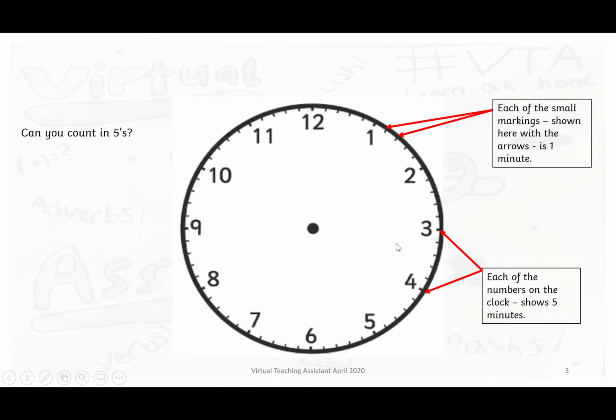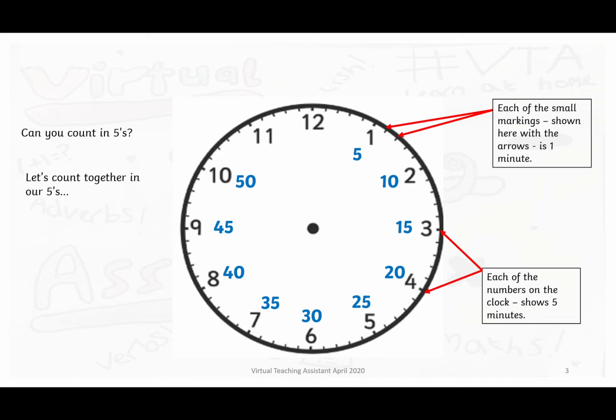Okay. Can you count in 5s? Let's count together. 5, 10, 15, 20, 25, 30, 35, 40, 45, 50, 55, 60. So that tallies in with what I told you before about there being 60 minutes in an hour.